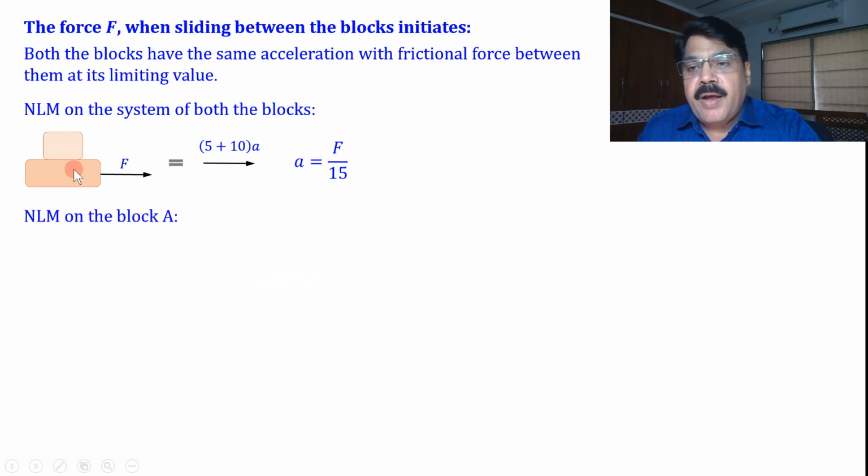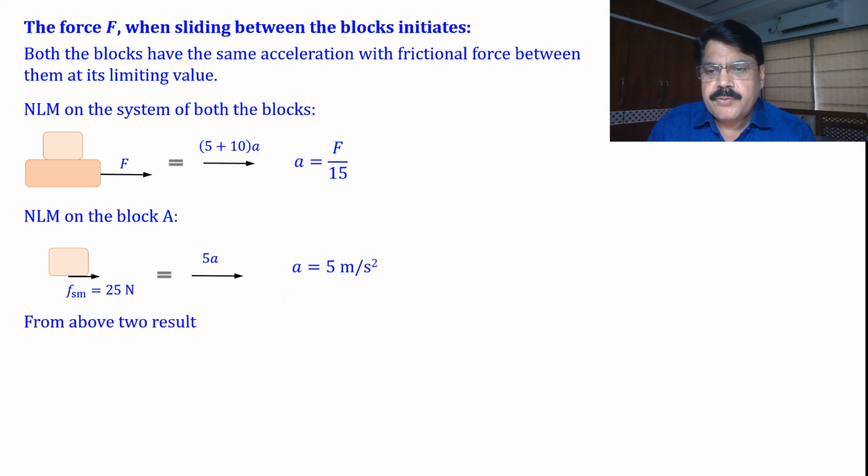Now we apply Newton's law on block A. You can apply it on block B also, but applying it on block A will be simpler, because there is only a single force, static friction, in the forward direction. So static friction 25 N is equal to 5 into a, where 5 is the mass of block A. So a is 5.